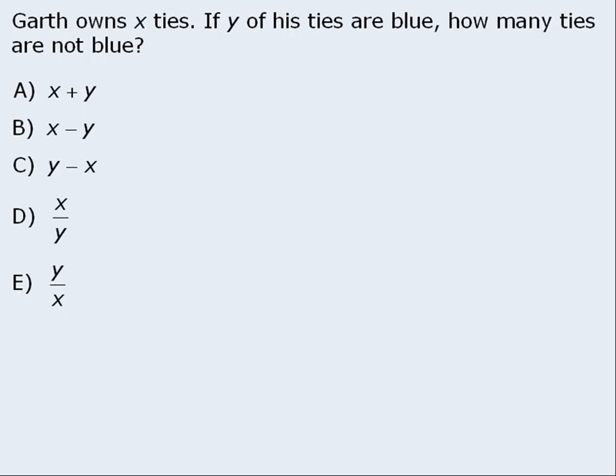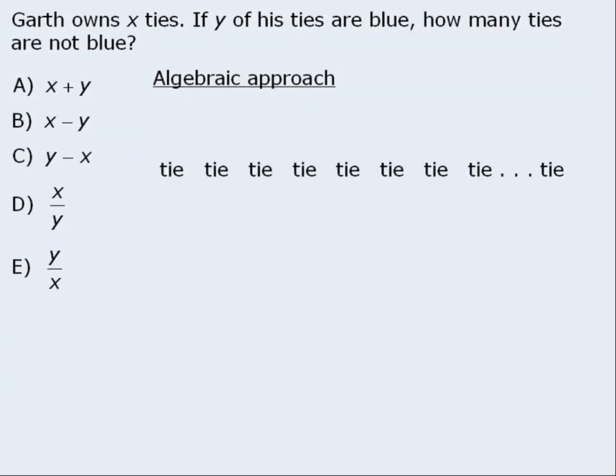In this lesson, we will examine 2 approaches to handling these question types. The first is an algebraic approach, which relies on our ability to translate given information into an algebraic expression. So to solve this question, let's first draw some ties. The question tells us that Garth owns a total of X ties, and we are told that Y of these ties are blue.